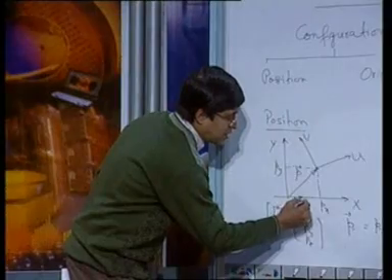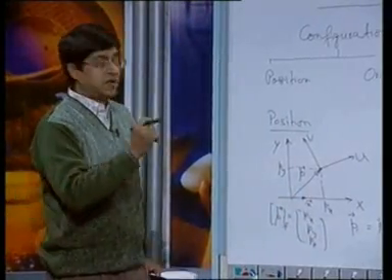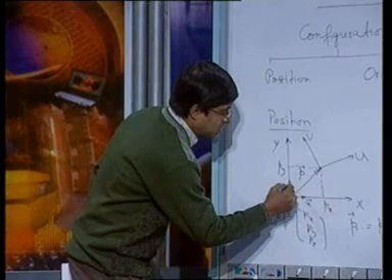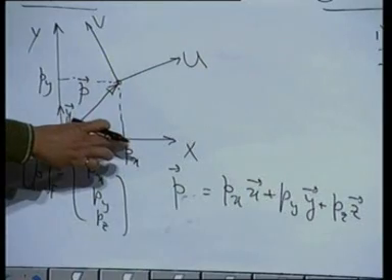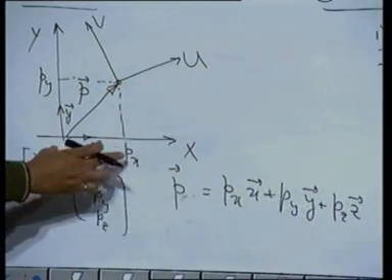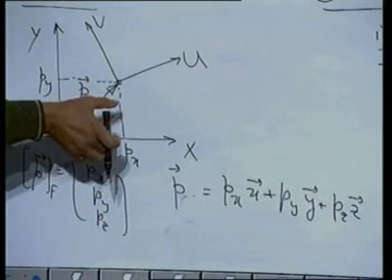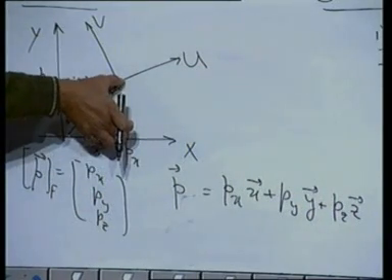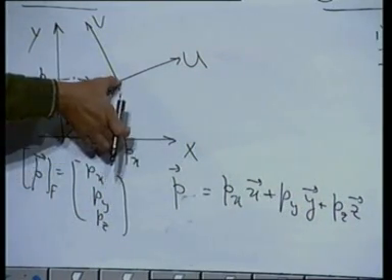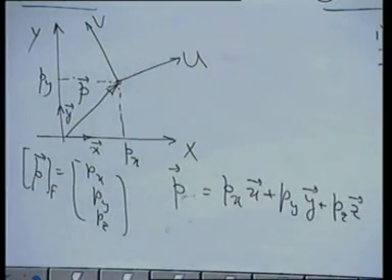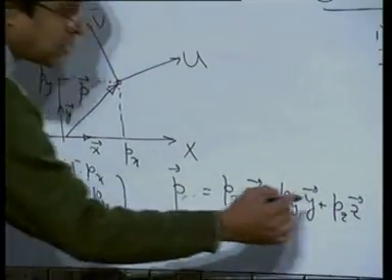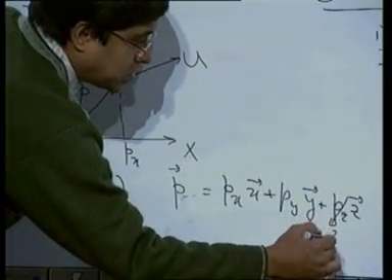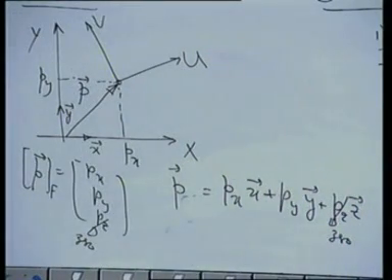This is my unit vector along the direction of x, this is the unit vector along the direction of y. The unit vector multiplied by the magnitude P x constitutes this component, plus P y multiplied by its unit vector constitutes this one. The third dimension I am not showing here. For better understanding, let us put them 0 here, but in the 3 dimensional case, the z component exists and is to be added.